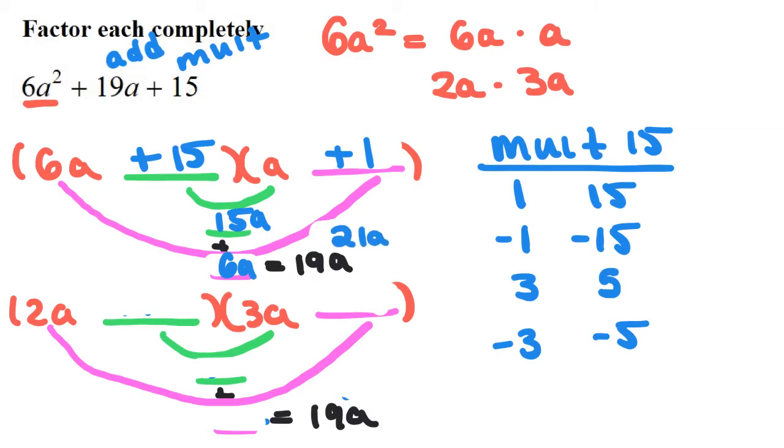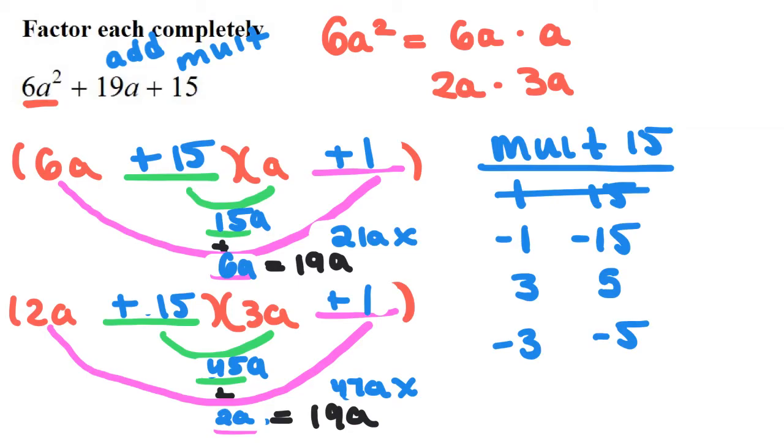It adds to 21a, so it does not work. Similarly, if I do 15 plus 1, 15 times 3a is 45a, and 2a times 1 is 2a, which gives us 47a, so it does not work, meaning that 1 and 15 is not an option.